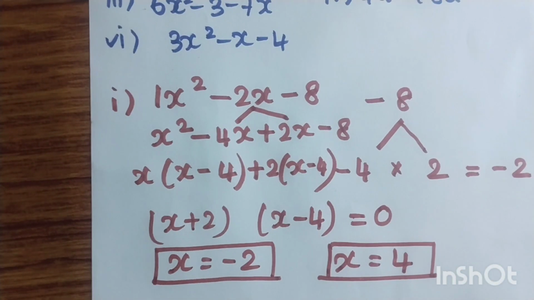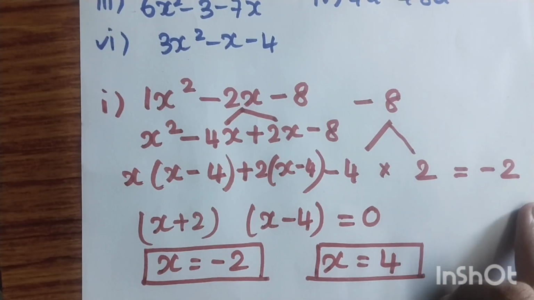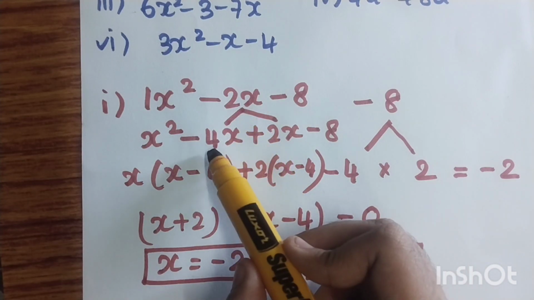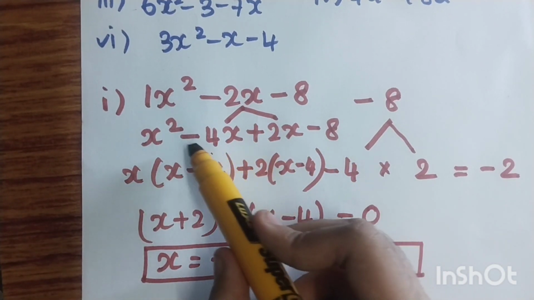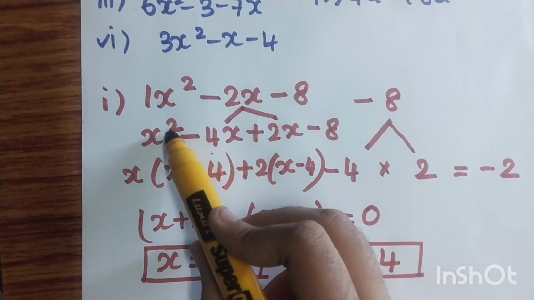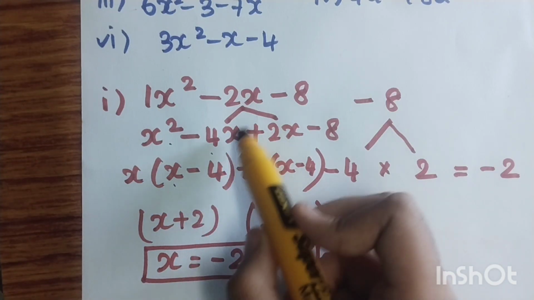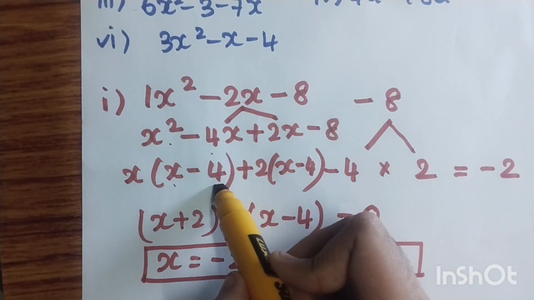Clear? Here first we have to split the middle term. After that we replace the minus 2x as minus 4x and plus 2x. In the first terms I can take x as common; if I take 1x common out from x square, I'll have another x remaining, and from minus 4x the balance will be minus 4.